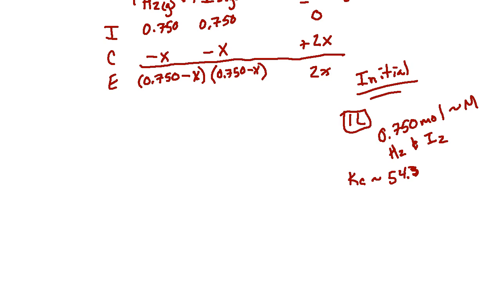So what is Kc? Well, we said we're going to set Kc equal to 54.3. So let's do that. 54.3 equals, now we want the equilibrium constant equation. So that's going to be the HI squared over the H2 times the I2. Let's plug in the actual values here. So HI is going to be 2x, right?